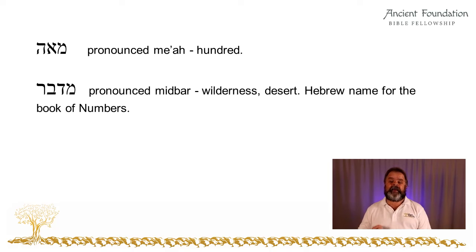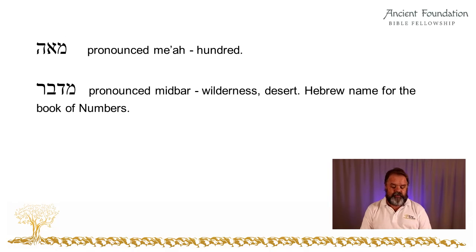And this is the Hebrew name for the book of Numbers. English uses the word Numbers for the book of Numbers, but the Hebrew word is actually Bamidbar, which means in the wilderness or in the desert, which has significance on its own.